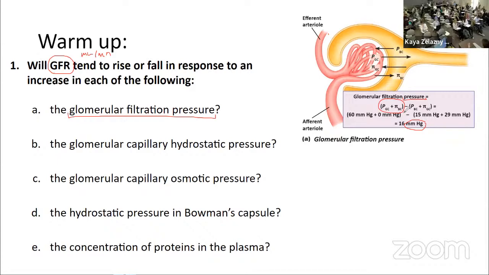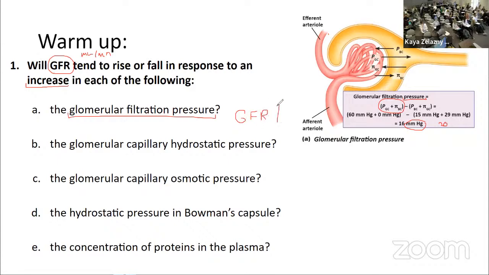So those two things work together in unison. They're different measurements, but they work together. The same factors are going to influence them in the same direction. So in this warm-up, we're just tracking increases. So if we have an increase in the pressure, say we went from this normal value of 16 to 20 or something, the glomerular filtration rate will go up, because those two things are really directly linked.